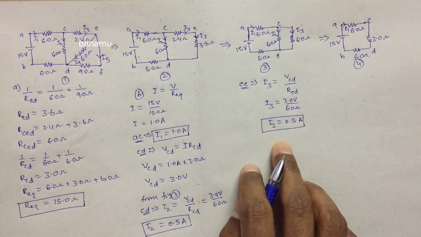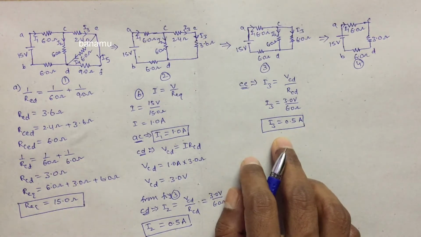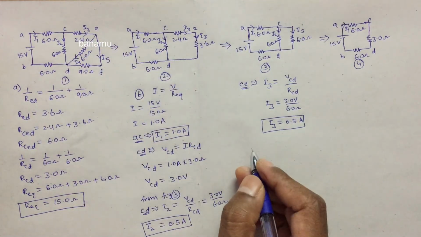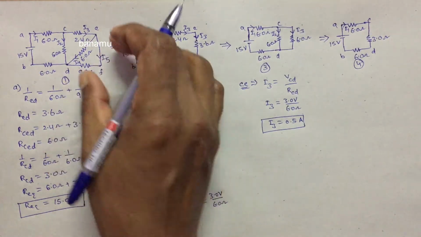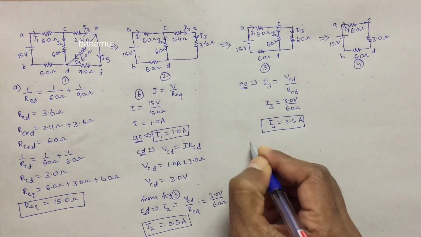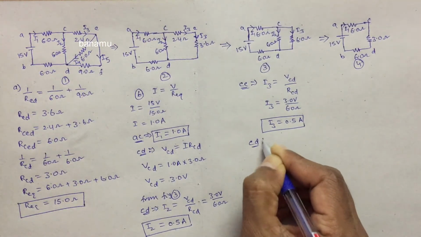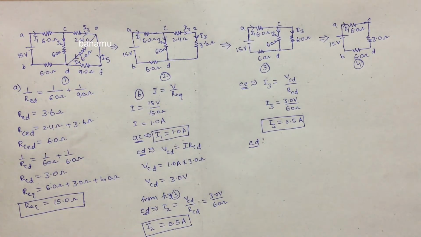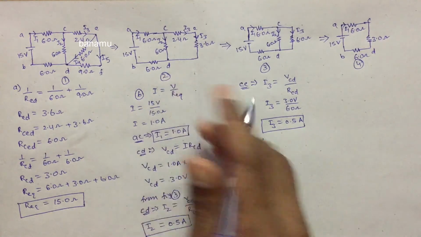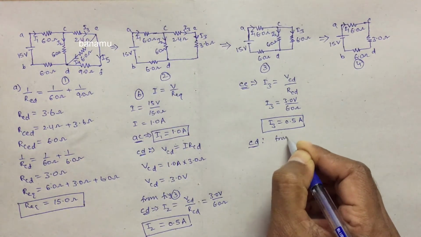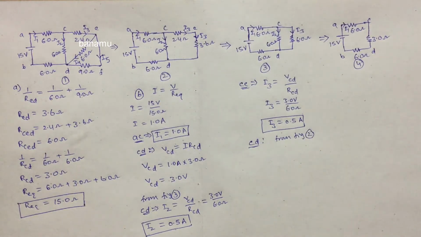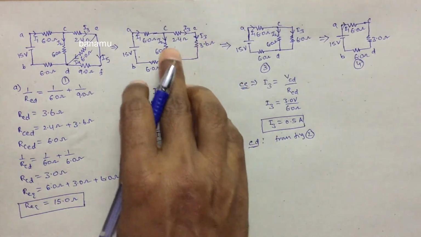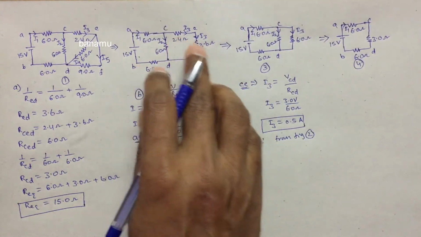So the current through the 6 ohm resistance between the points EA. First of all, we can calculate the potential difference between E and D. From figure 2, the current through ED is I3, because the 2.4 ohm and 3.6 ohm resistances are connected in series.